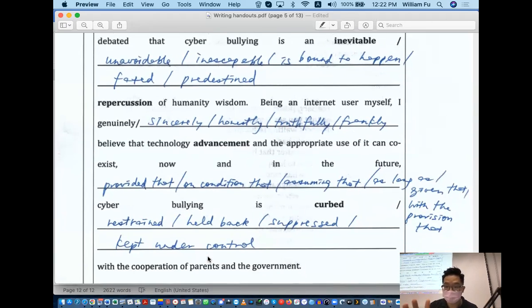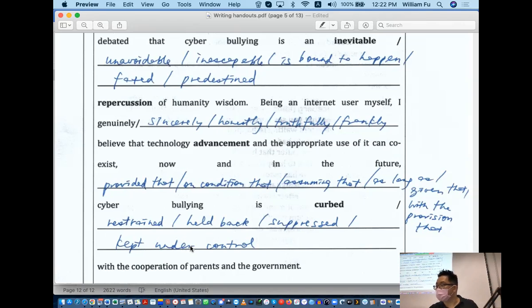As long as. And what about after provided that? Or is it given that? Given that. Yeah, after given that, what's that? With the provision that, and then cyberbullying is curbed, okay, curbed, restrained, 限制啊, held back, suppressed, and lastly, kept under control.